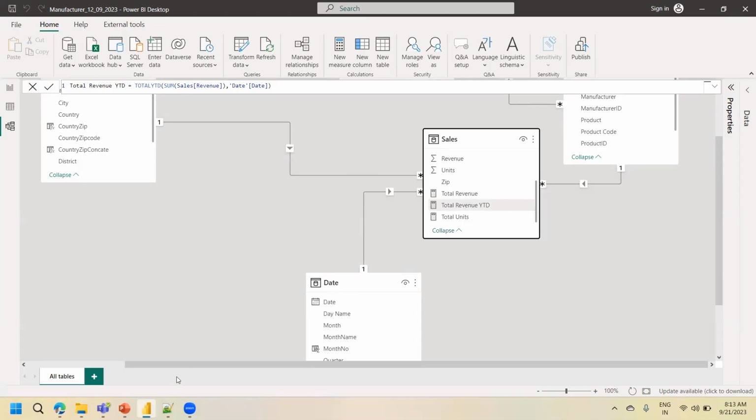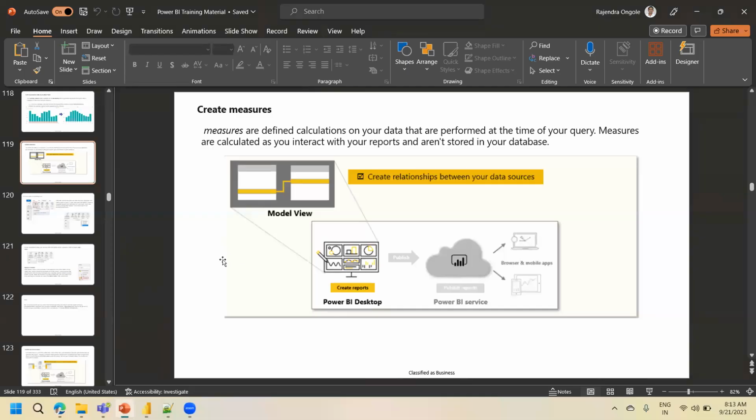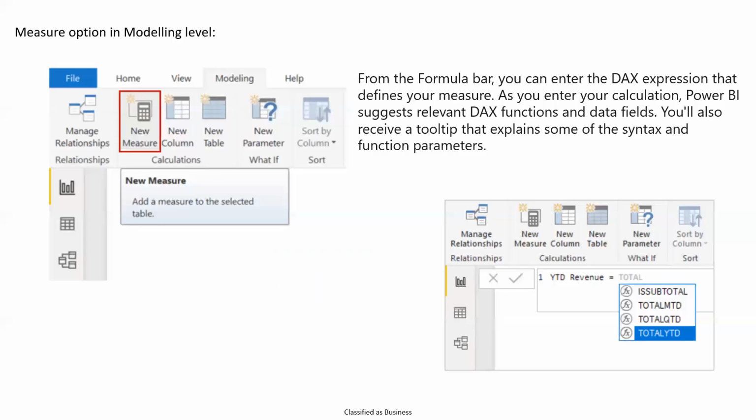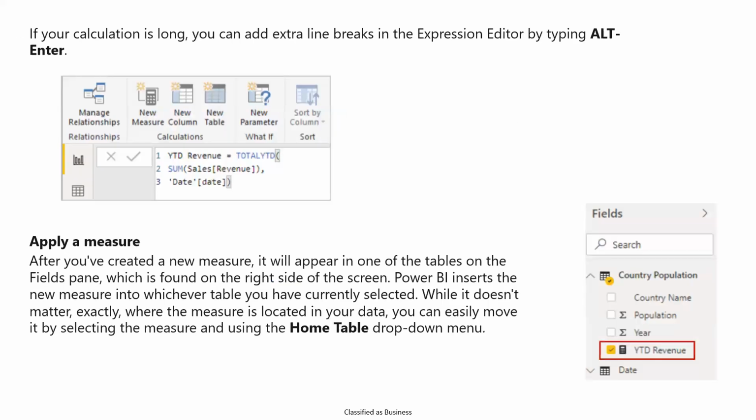You cannot bring any relationship with the help of measures. Okay. Please remember, important. Fine. So just now I derived one of the DAX functions, total YTD, year-to-date revenue, by using total YTD, year-to-date value. Year-to-date is the DAX function. Okay, time intelligence function.